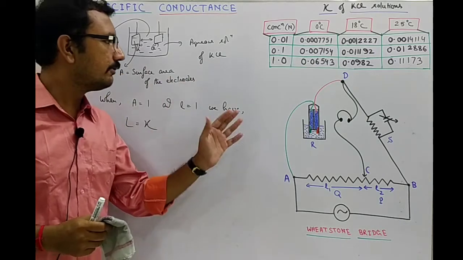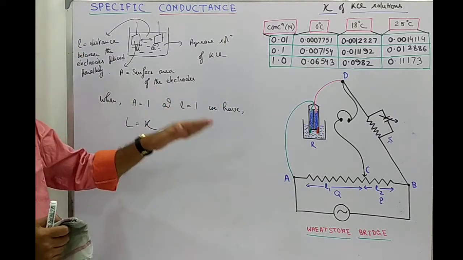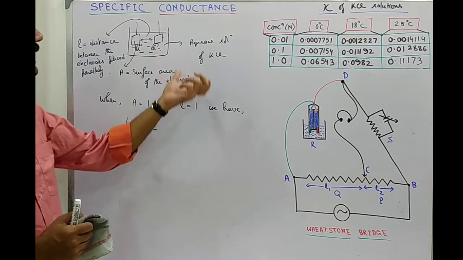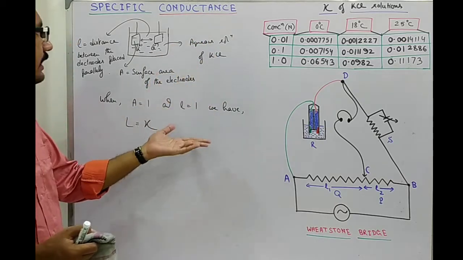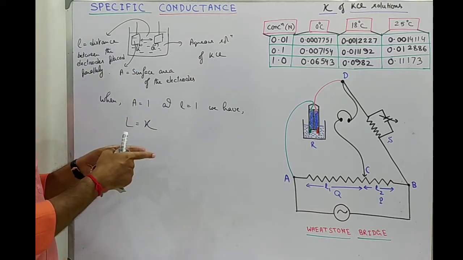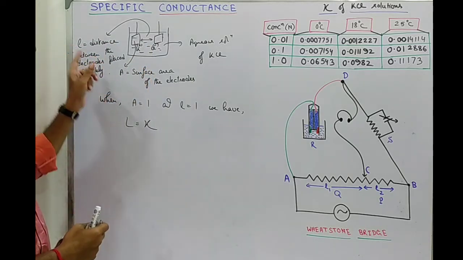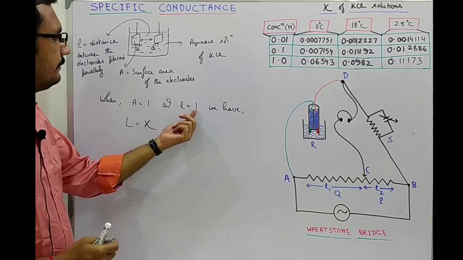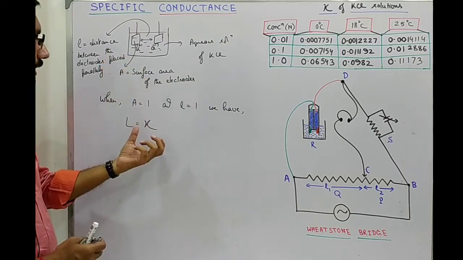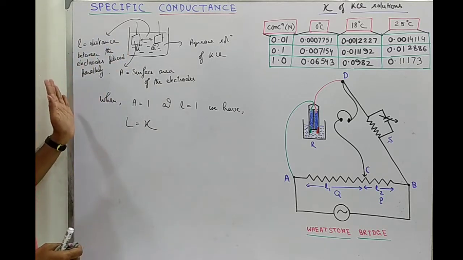So in case of an electrolytic solution, the picture is not equivalent to that of a metallic conductor. For example, for an aqueous solution of KCl or NaCl, we have to dip two electrodes. The distance between those two electrodes is referred to as L, and A corresponds to the surface area of each electrode.